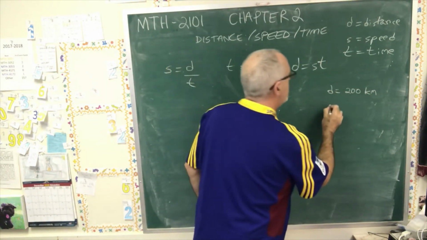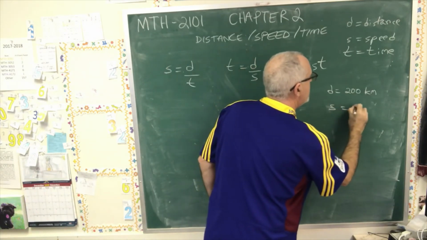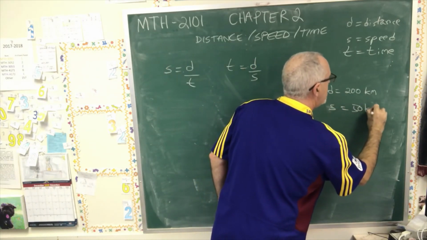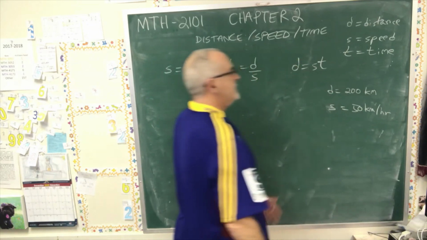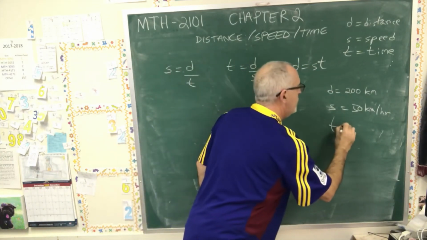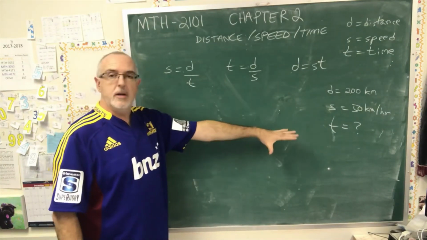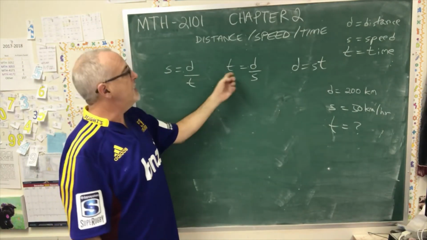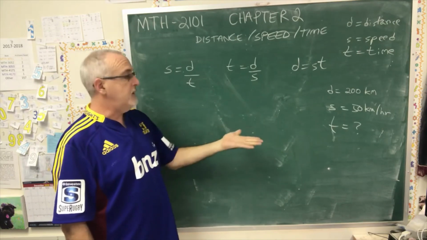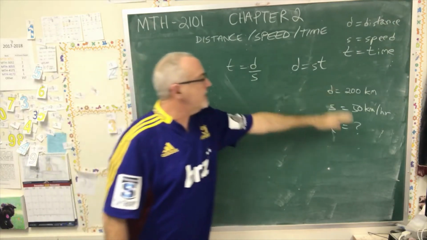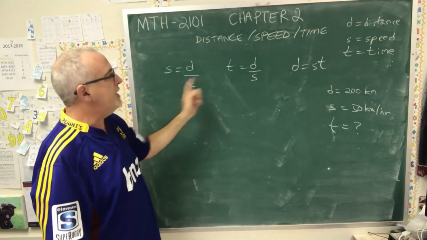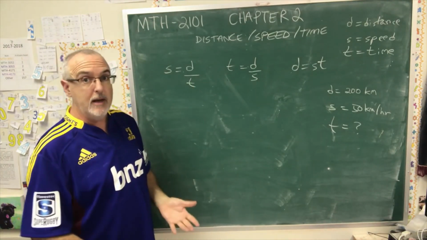I'm going 50 kilometers per hour. What amount of time is it going to take? So this is a classic question that allows the student to use one of these formulas to answer it. And let's answer this question more than once and play around with these three formulas that are really the same formula.